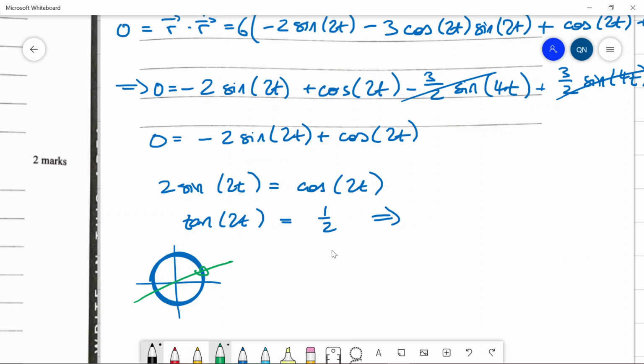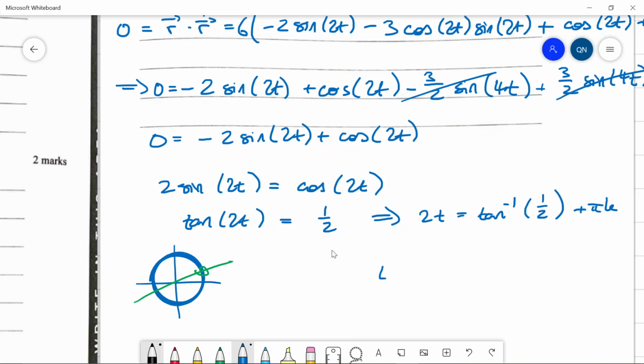So what's this position over here? That's 2t is equal to inverse tangent of 1/2, right? So t is just going to be 1/2 inverse tangent of 1/2. But we can also get other solutions if we simply add pi times k, because you get a gradient of 1/2 every time you rotate pi around.